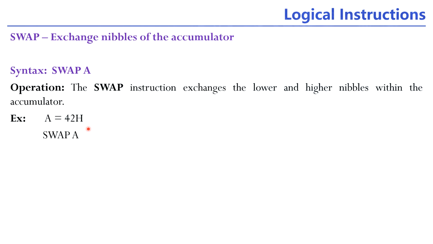A equal to 42H, this value is already given. But we want to use this instruction. So you see here, this is the swapping. This number will come on this side, this number will come on this side. This is totally swapped, 24, right?